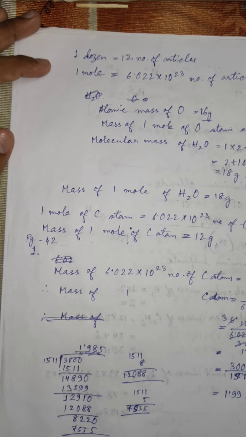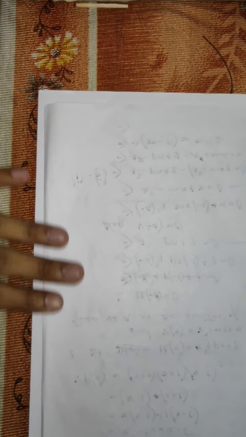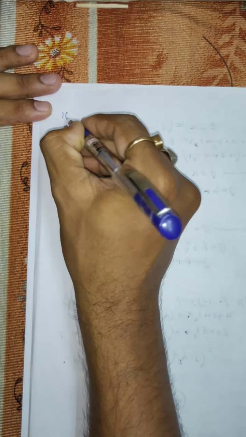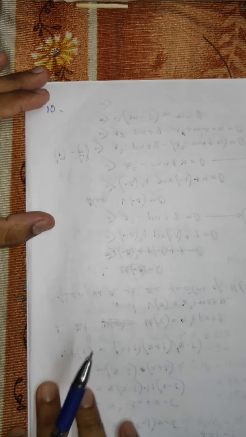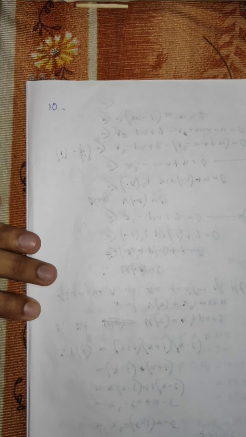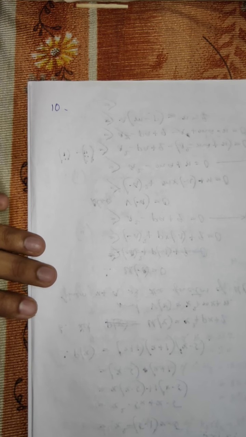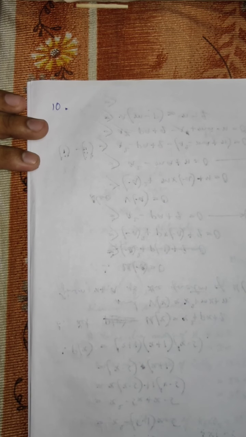So I am showing another example. You see number 10 from your exercise. You first read the question. Calculate the number of molecules of sulfur S8 present in 16 gram of sulfur. Okay, so S8 molecules is given, and atomic mass of sulfur is 32.